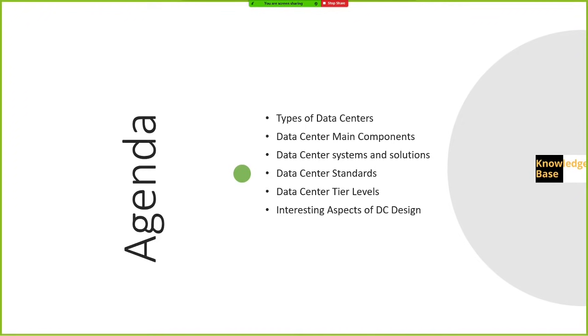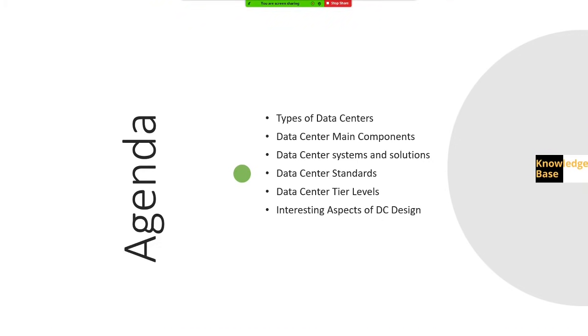And then we'll discuss the different tier levels of data centers. And this is important to understand. If anybody is talking about data centers, it's the global classification of data centers. And then we'll talk about some interesting aspects of data centers, just an overview. So enough to cover the 1 hour that we have for today.